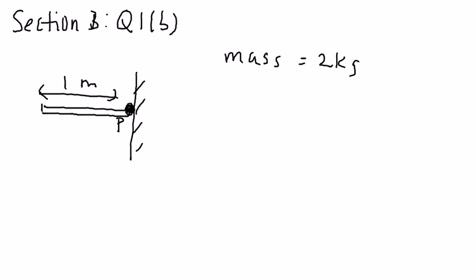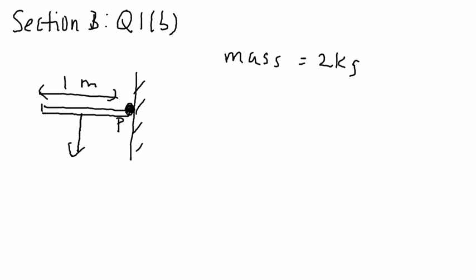First you need to know where the weight of the plank acts. For the plank, the weight always acts from the center of the plank. This is the center of the plank. The total length of the plank is 1 meter.